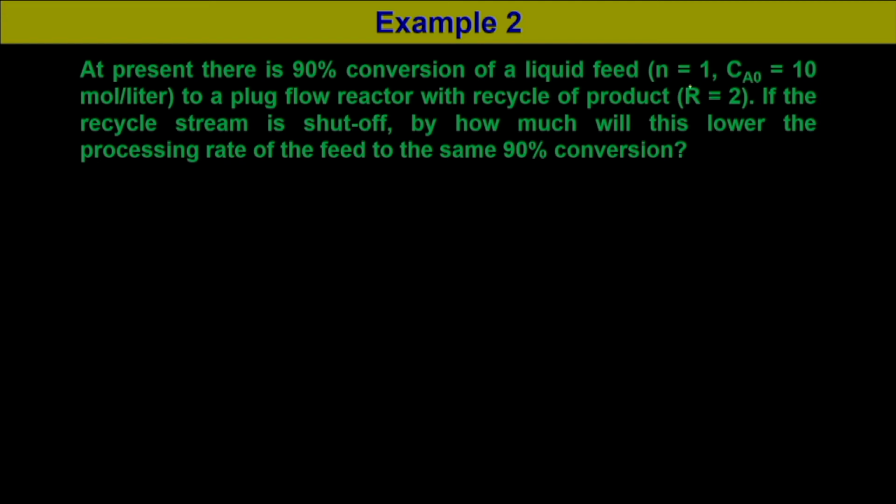If the recycle stream is shut off, by how much will this lower the processing rate of the feed for the same 90% conversion? So, basically the recycle reactor is converted to a plug flow reactor. So, let us solve this. Since n is equal to 1, this is a first order reaction. So, for a first order reaction we know the k tau.